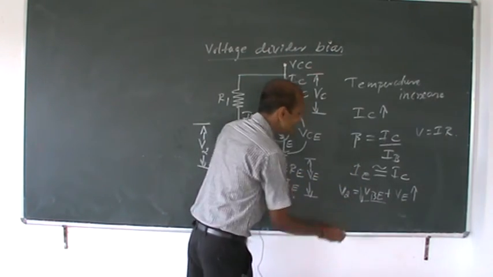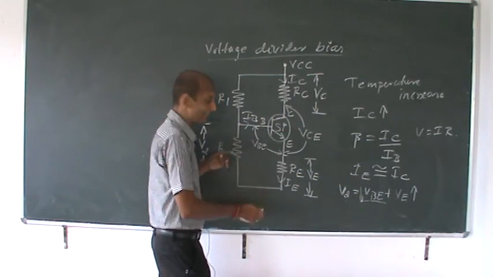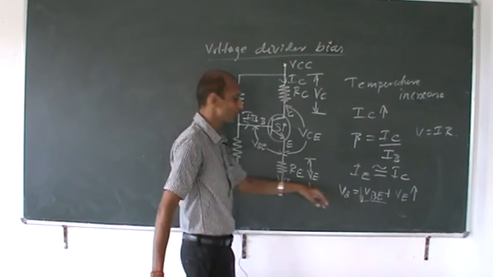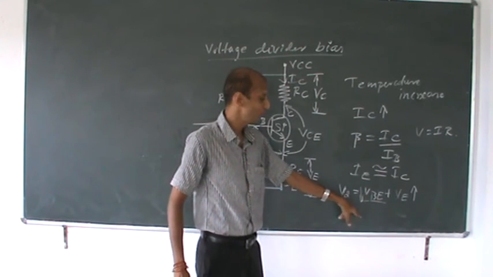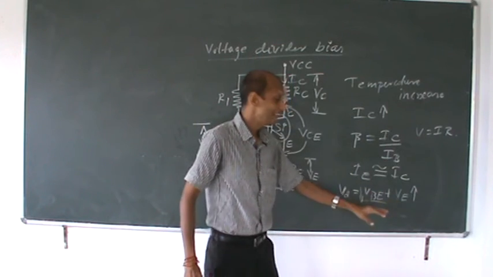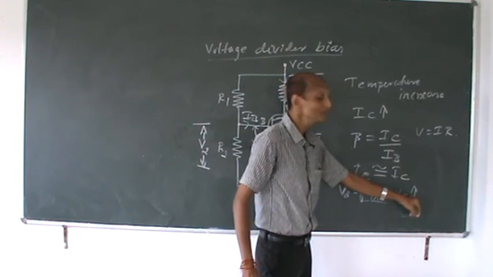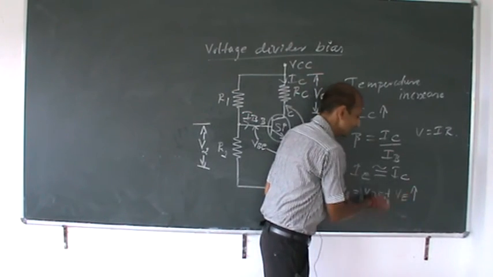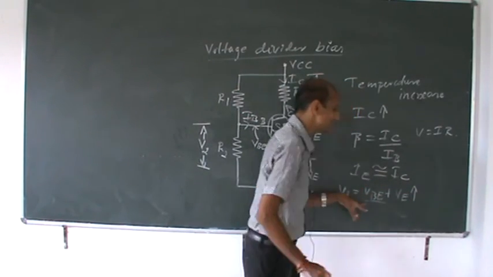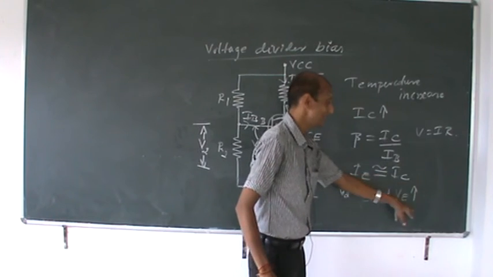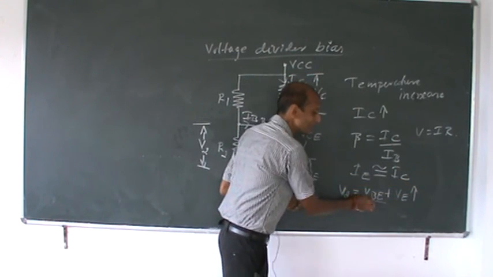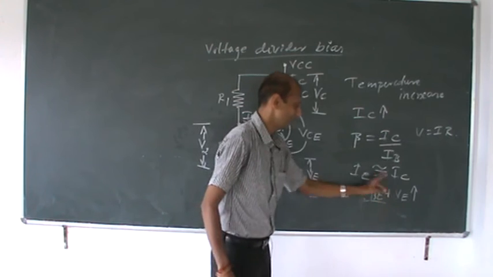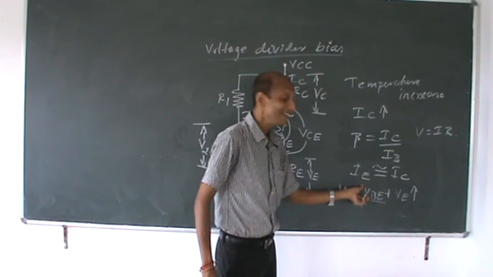Then finally, if I see this loop, we know that by KVL, V2 will be equal to VBE plus VE. So what should be the thing? As VE increases, this VBE voltage should decrease.